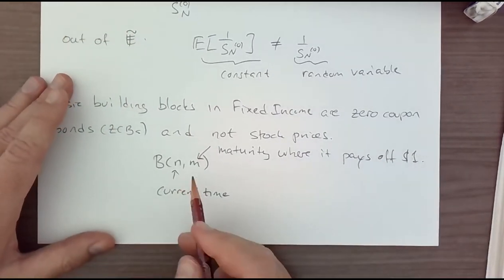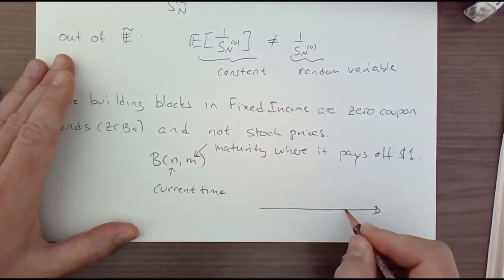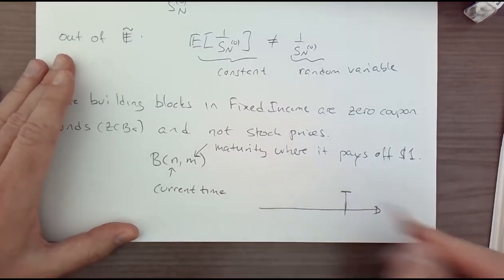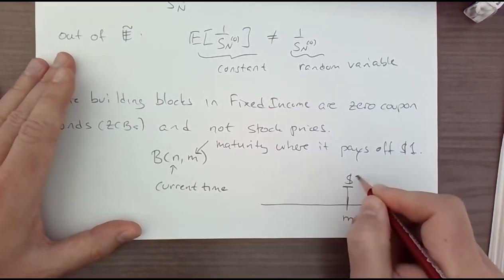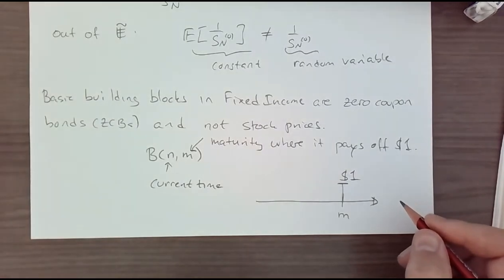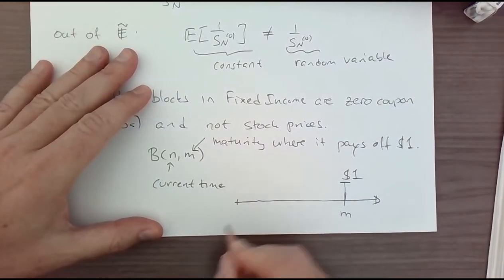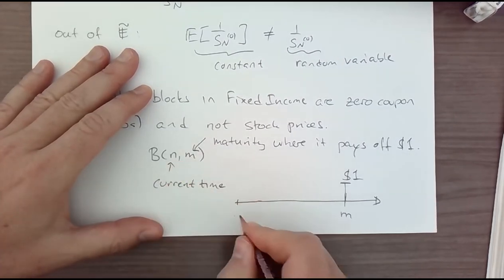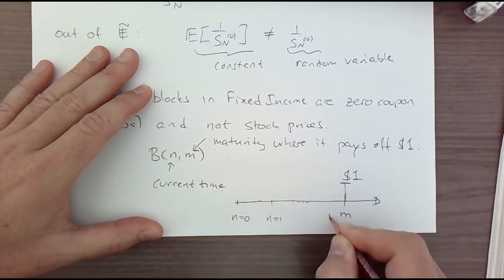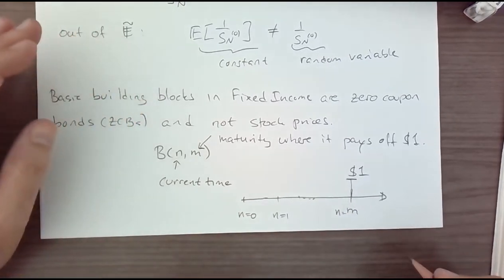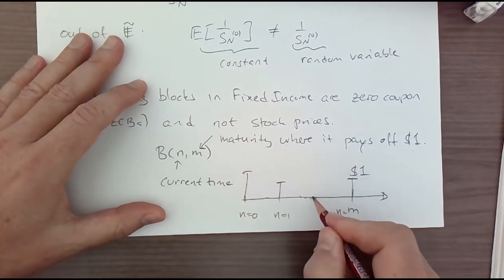For a zero coupon bond, we've had them a few times before. There's this end time, where the payoff comes at $1. And what we're interested in is what happens at earlier times. That will be your n equal to 0, n equal to 1, and then n equal to the expiry time. How much are these prices?